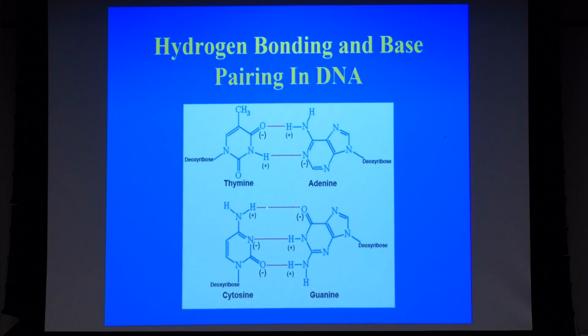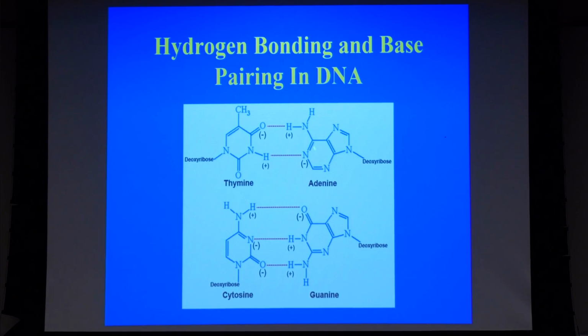Now, when these molecules come close together in the middle of the DNA strand, they hydrogen bond. And the hydrogen bonding here is between this double bonded oxygen with its negative charge and the amine hydrogen, out here on this amine group.